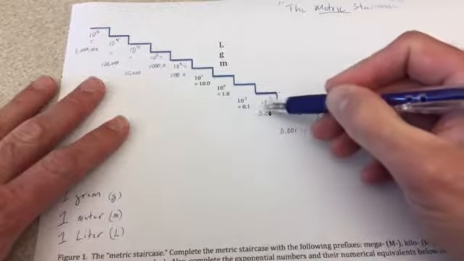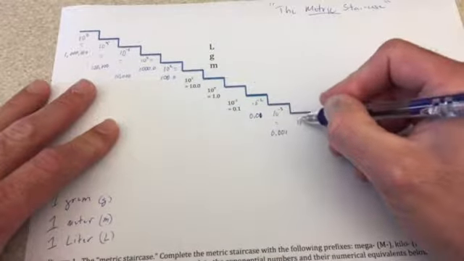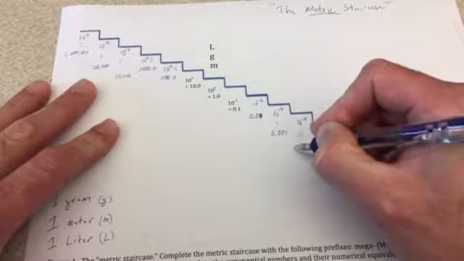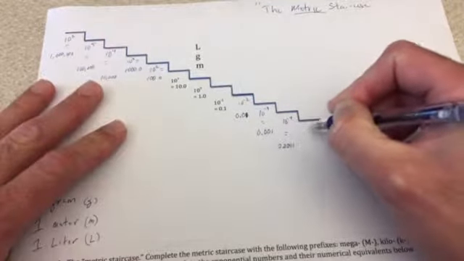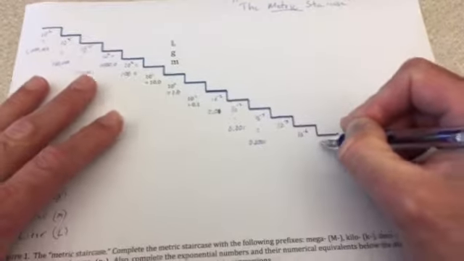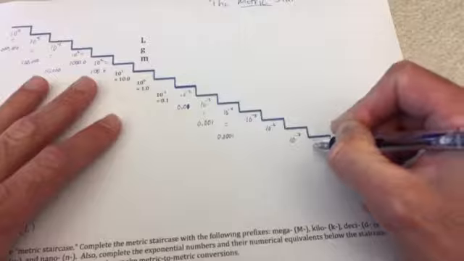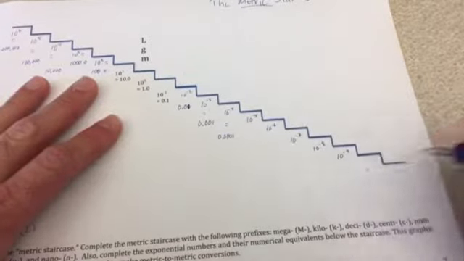If this is in the 10th, 100th, this is in the 1,000th place. 10 to the negative 4 equals 0.0001, in the 10,000th place. Then 10 to the negative 5, 10 to the negative 6, 10 to the negative 7, 10 to the negative 8, 10 to the negative 9, etc.